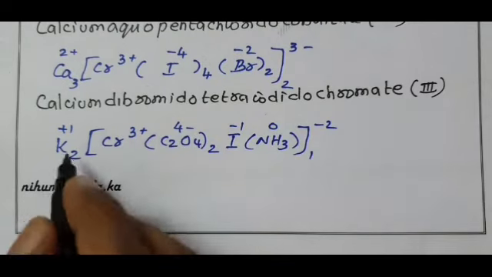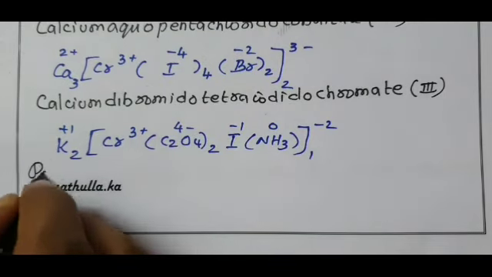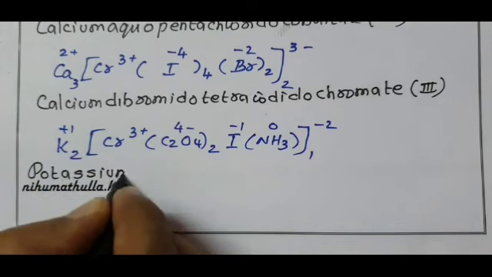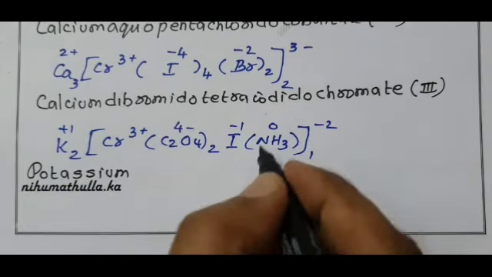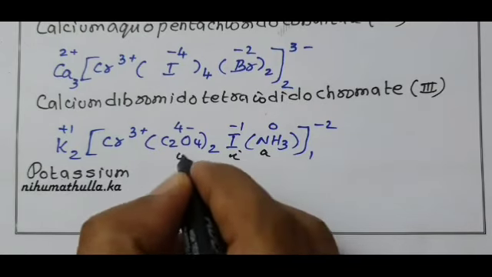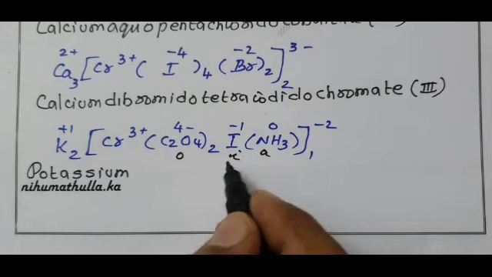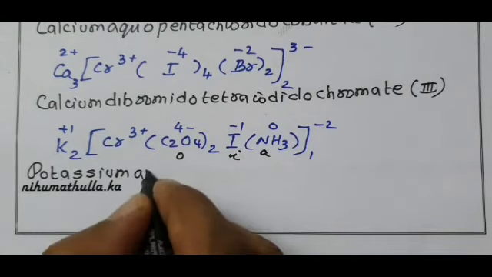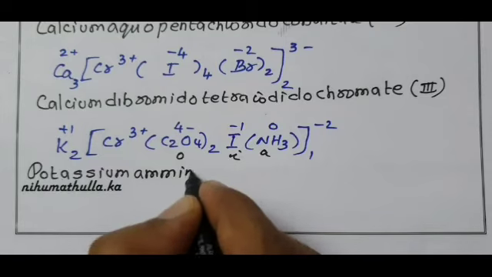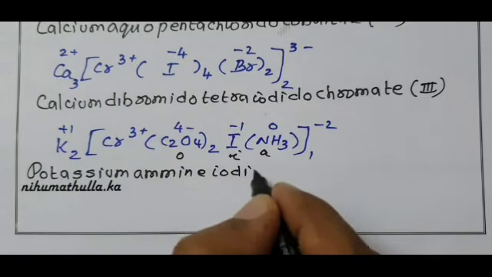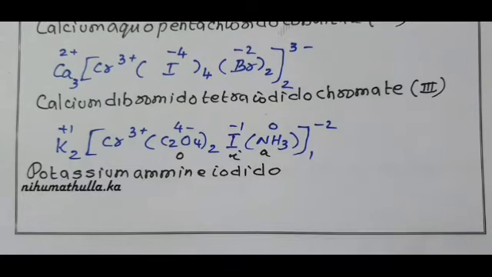Now, cation is potassium, starting with caps, potassium. Come to the ligands. This is amine, iodido, oxalato. A first, I second, O third. Only one amine, therefore amine. No need to add mono. Only one iodine, iodido.